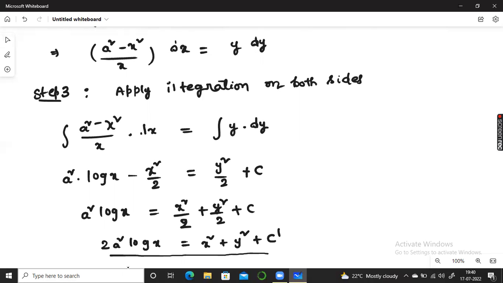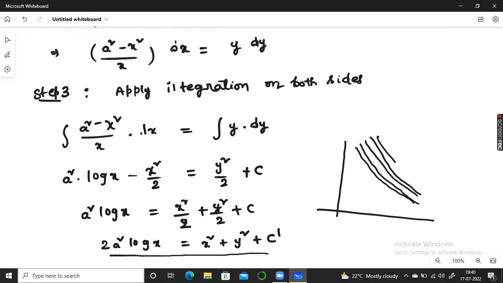See here, family of curves means one thing only. I repeat with a practical example. Let us say the given family of curves is this. Family of curves is actually like flux. This is the question they have given, a family of curves. Now my answer, this is the answer, right? We got finally my answer also a family of curves only.